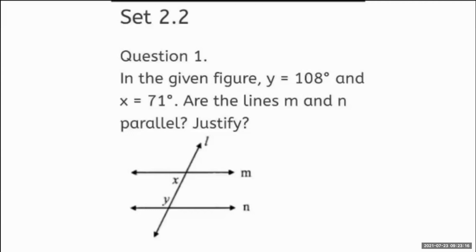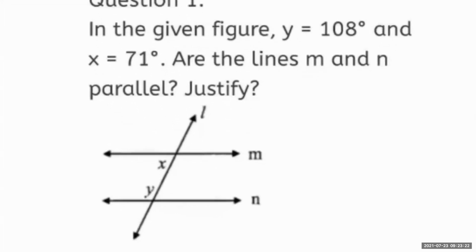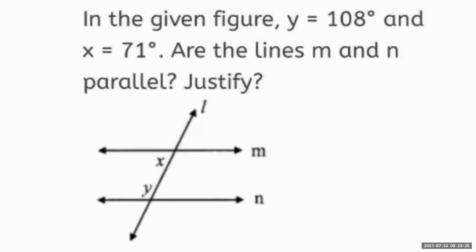The diagram along with the details is given. Now see here, you can see that angle Y equals 108 degrees and angle X equals 71 degrees. Are the lines M and N parallel?